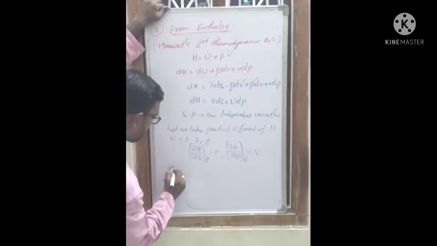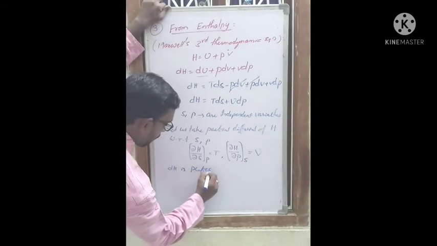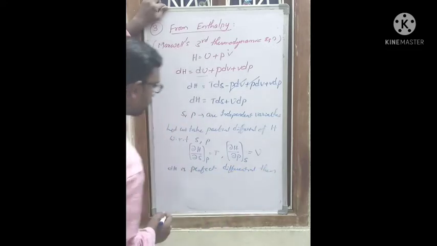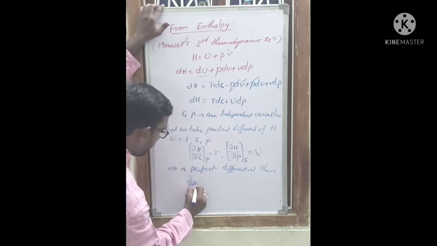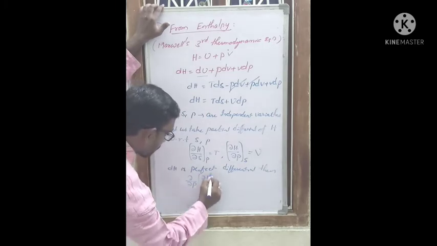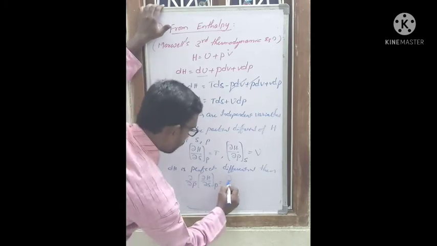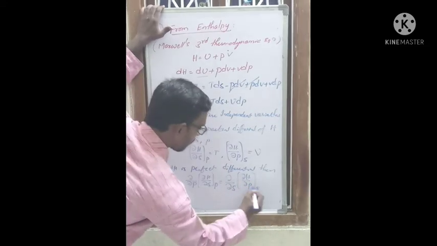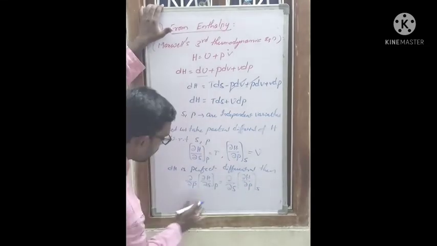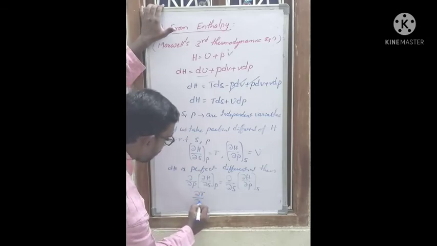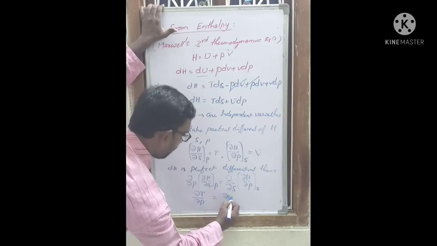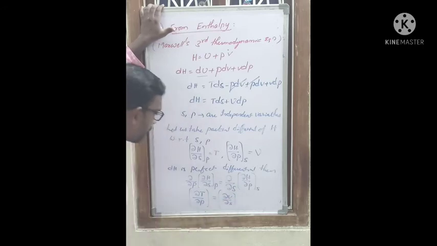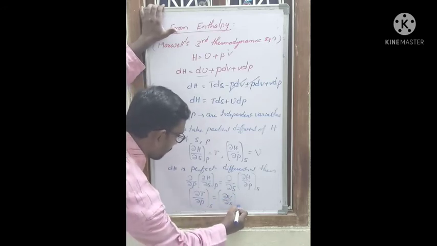So here dH is a perfect differential, then we'll write ∂/∂P of (∂H/∂S)_P equal to ∂/∂S of (∂H/∂P)_S. Substituting these two functions, we get ∂T/∂P equal to ∂V/∂S. Here the variable is S and the constant is pressure.